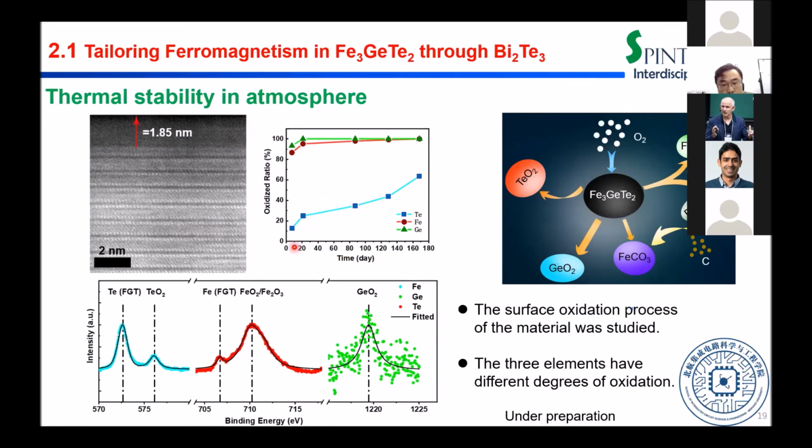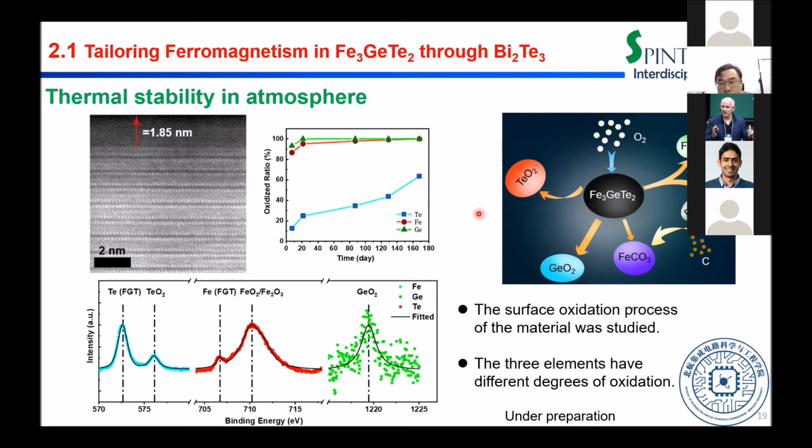We can see in this material that germanium and iron are actually very easy to oxidize. The tellurium is a little bit harder. Even after a long time, there is still 40% left.